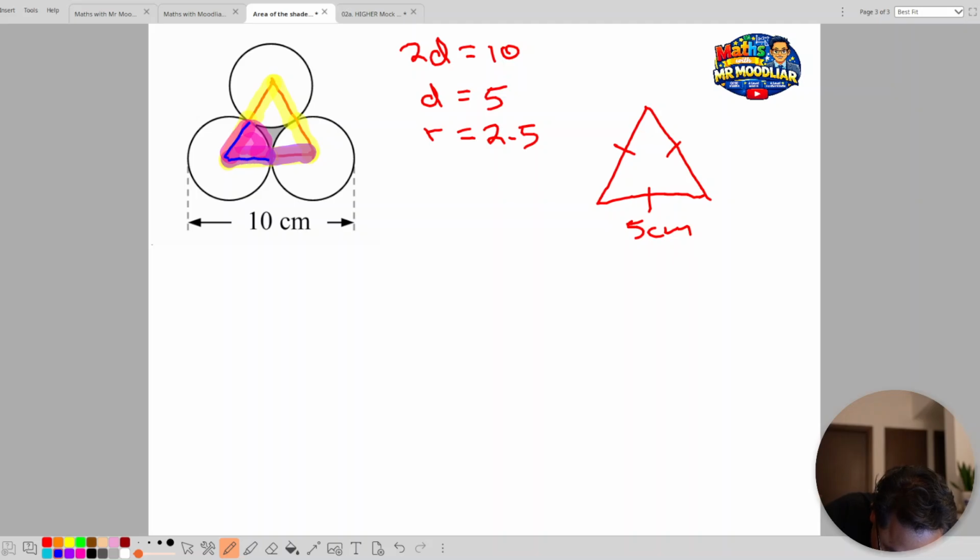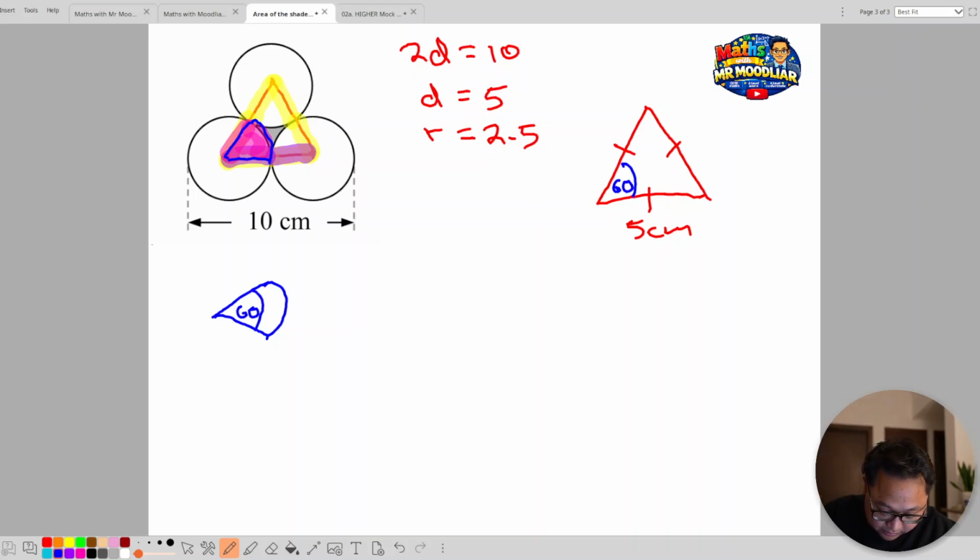Make sure you don't go anywhere. I'm still here, Mr. Moodliar, your maths teacher. So we have a sector, and the angle there would be 60 degrees. And why is that? Because it's an equilateral triangle, so all the angles are the same.